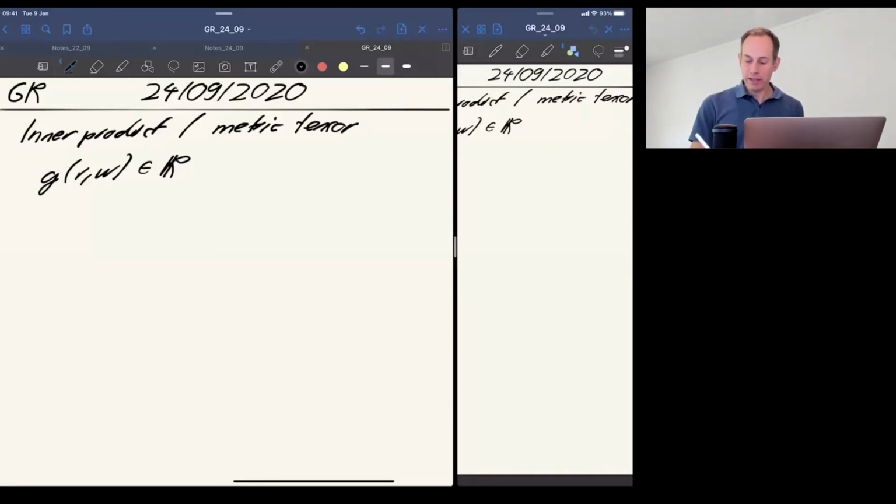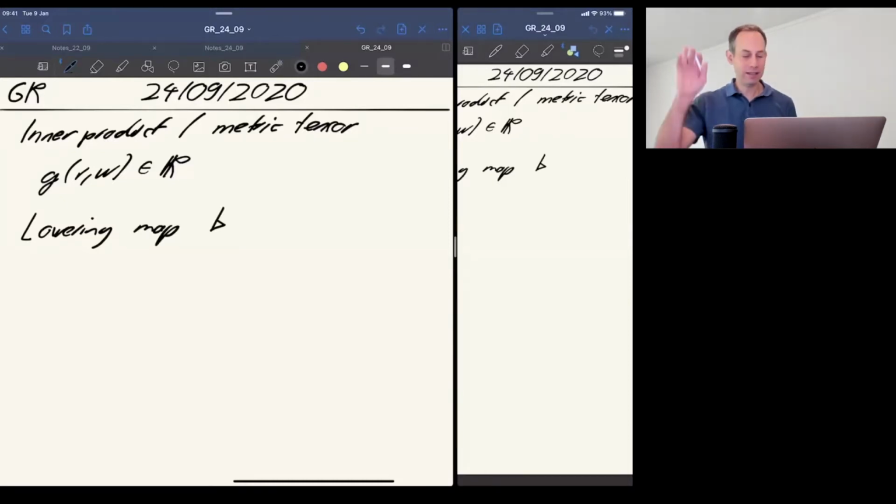But before doing that, I would like to introduce a map, which I will call for the moment lowering map. And the map will be denoted by a little b as you have it in music. So it's this musical b that lowers the tone a bit, and that's why I call it lowering map, or maybe the symbol was chosen because of that.